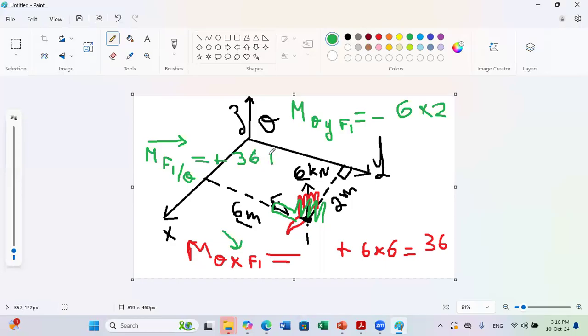Now, along Y, you have a negative moment. So minus 12 in J. And since you don't have any component along K, it's plus 0 along K. Okay? Clear?